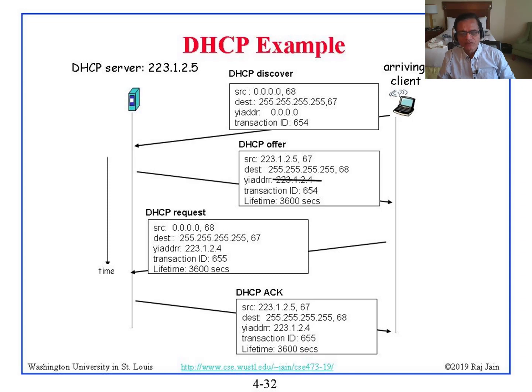So here is the total thing shown in this picture. The arriving client is on the right. It sends to the server that I don't have my address. Its source address is 0.0.0.0, so the IP address at the source is 0.0.0.0, port number 68. The destination is 255.255.255.255, port 67.